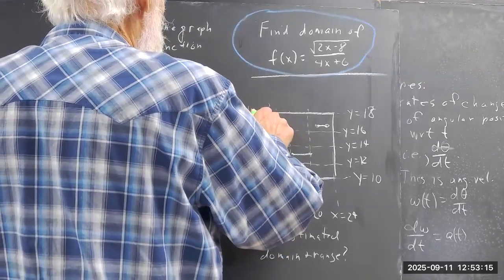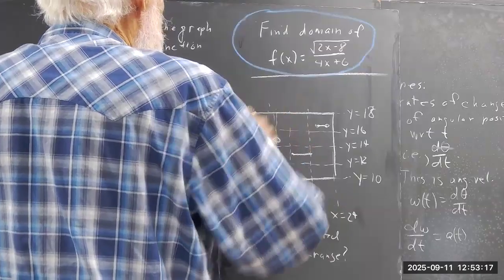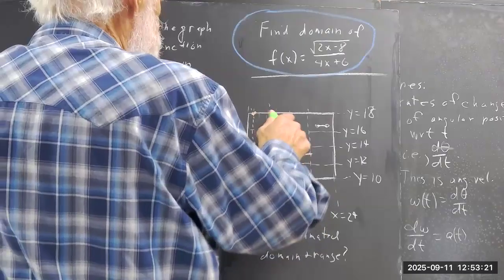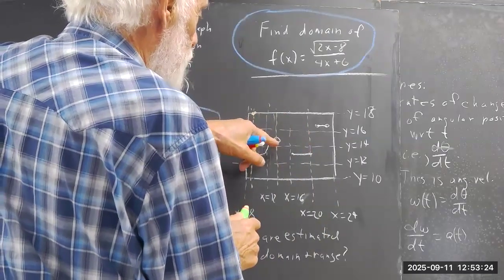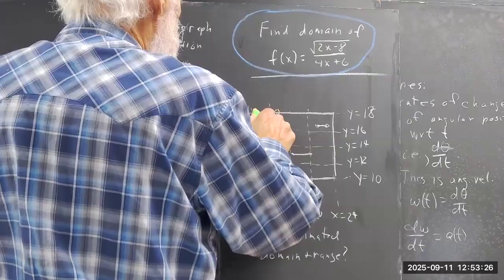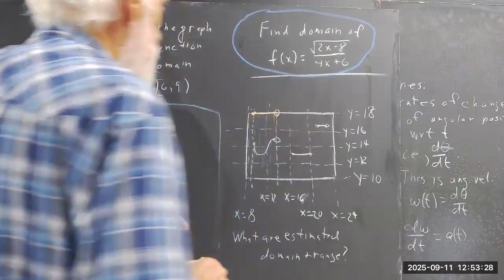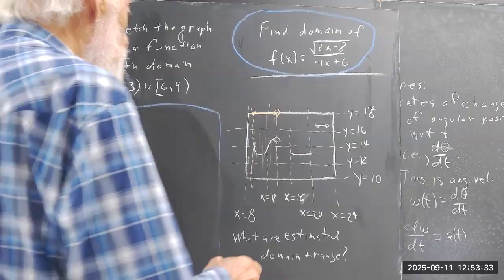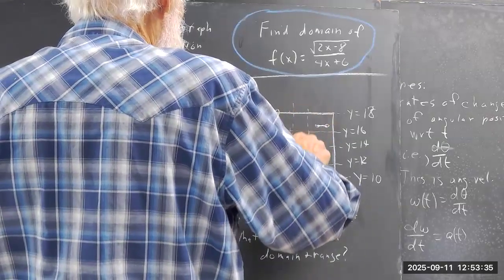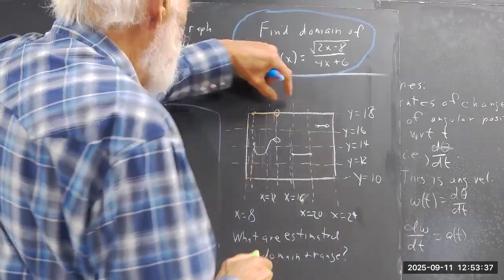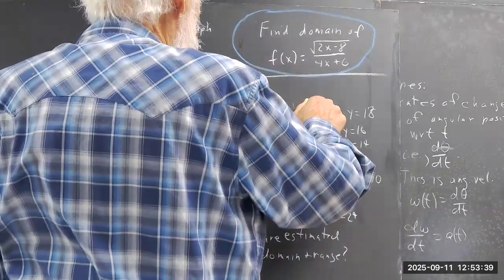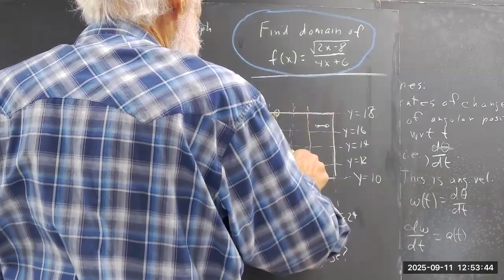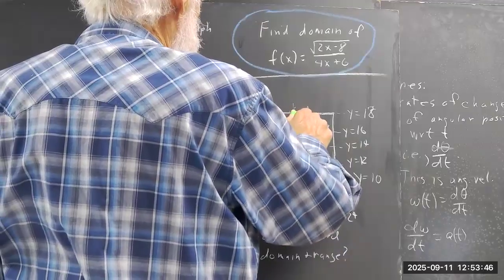So I'm going to say x value from here, and I'm just going to use the y equals 18 line to indicate the x interval, not this x value because we have an open circle around that one, okay? And then up to this point, we don't have x values, nothing here. Then looks like we have x values from here to here, and we got closed dots on the end of it.